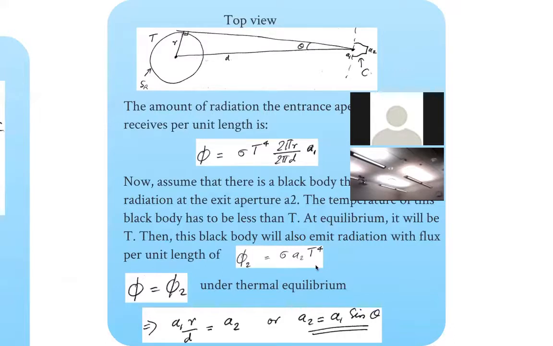Now, if we make one more, let's say, radical assumption, that, of course, there's nothing else in this universe. That's our entire universe here, which means that any radiation that this black body emits, the only place it can go to is the source, right? It cannot go anywhere else. There's nothing else to go, so there's no other black body, essentially. The CPC is not a black body.